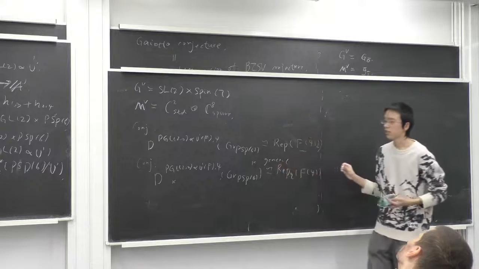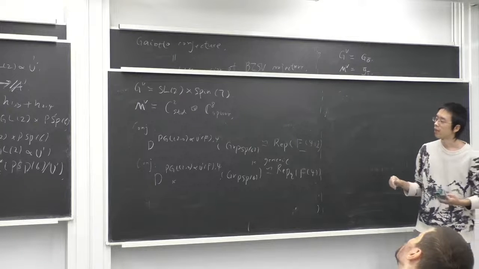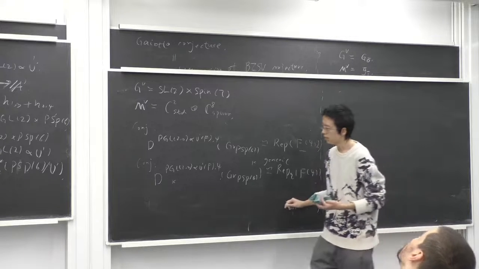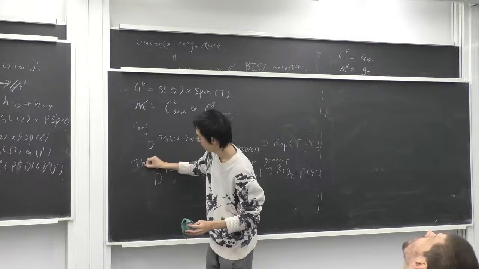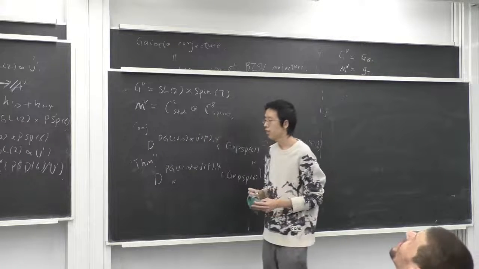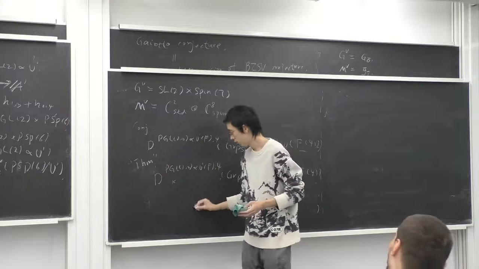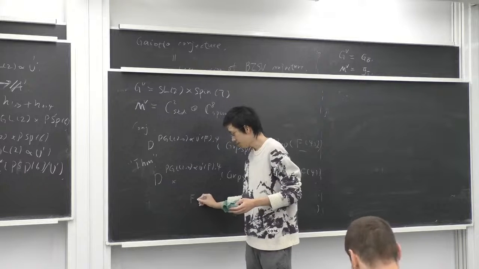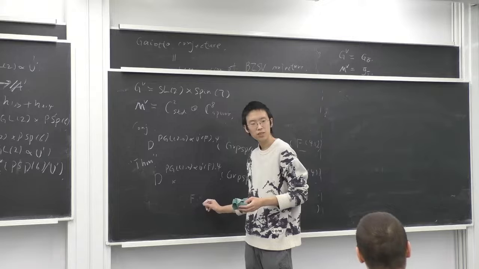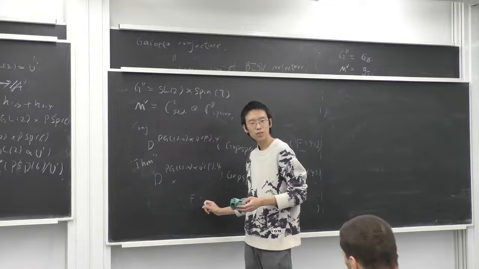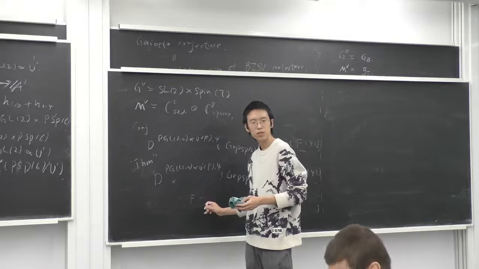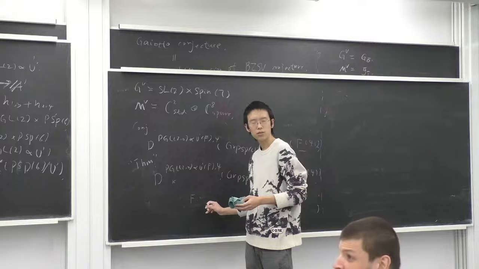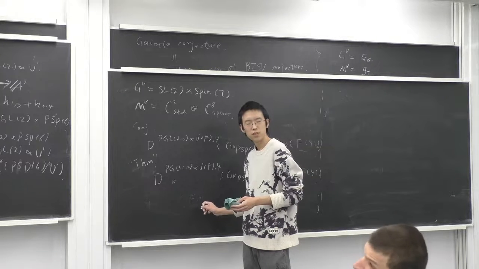For the first conjecture, we still don't know. But for the second conjecture, it is almost proved and will appear in the upcoming work. F4 is an exceptional supergroup.